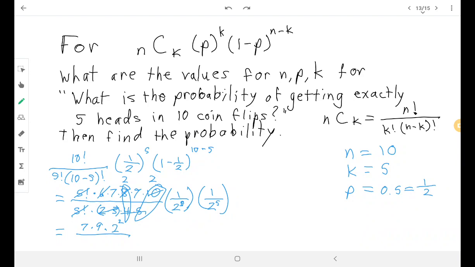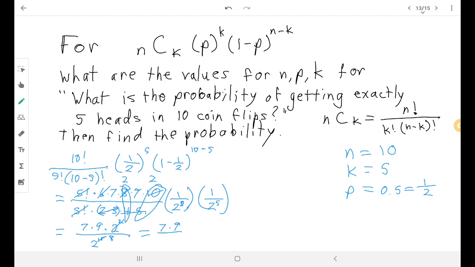That's 2 to the 5th times 2 to the 5th is 2 to the 5 plus 5, or 2 to the 10th, which allows me to cancel the 2's up here with 2 of them down here and make it to the 8th. So I've got 7 times 9 over 2 to the 8th.